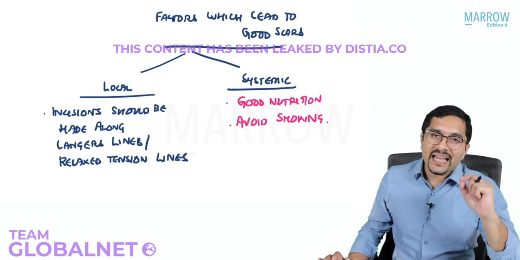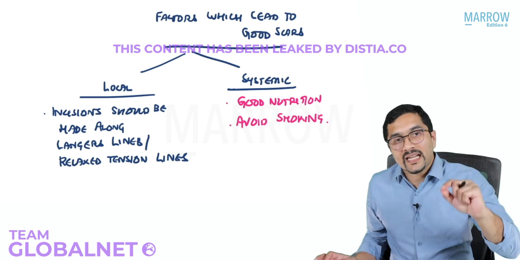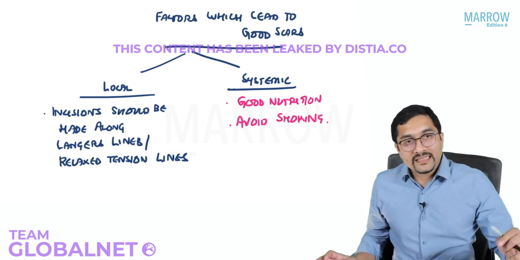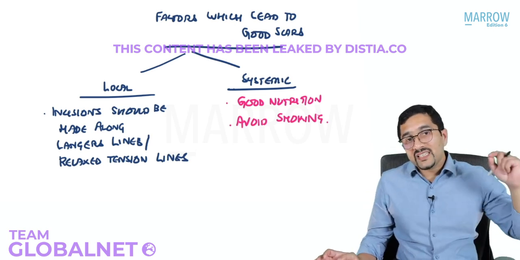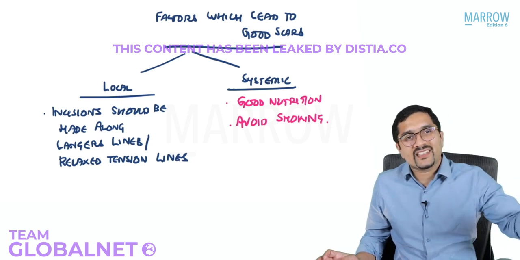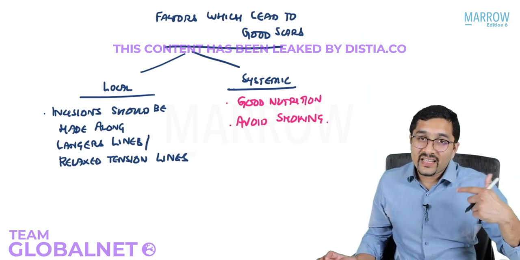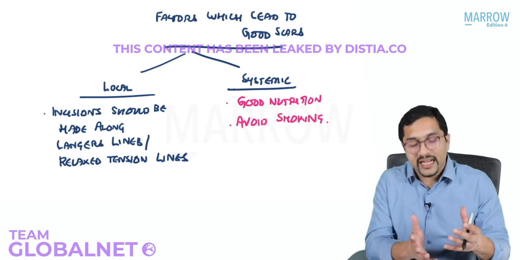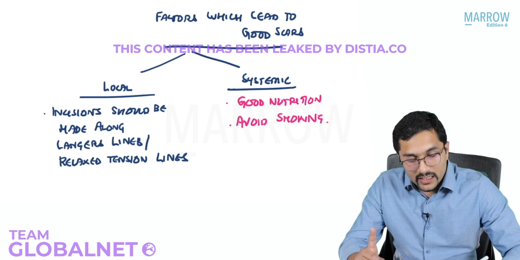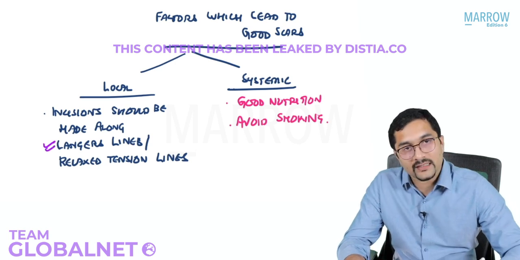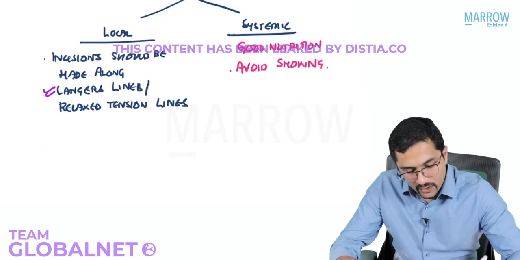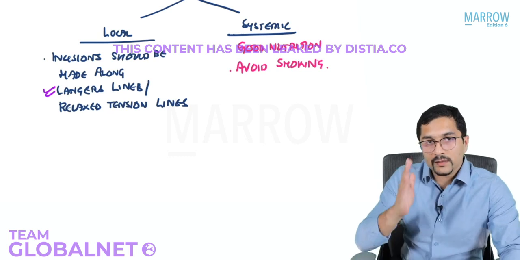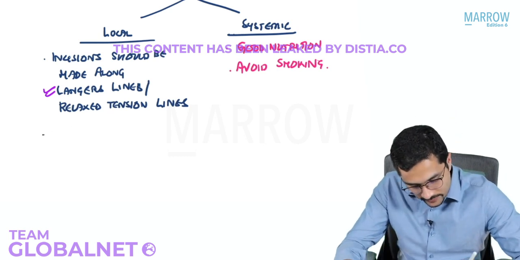But the problem with Langer's lines was that Langer's described these lines in cadavers, and sometimes the orientation of these lines can be different in cadavers and in living human beings, which is why we either follow the Langer's lines or the relaxed tension lines. If you have to mark in an MCQ, you will mark Langer's lines as the correct answer. So we avoid incisions perpendicular to Langer's lines, okay?